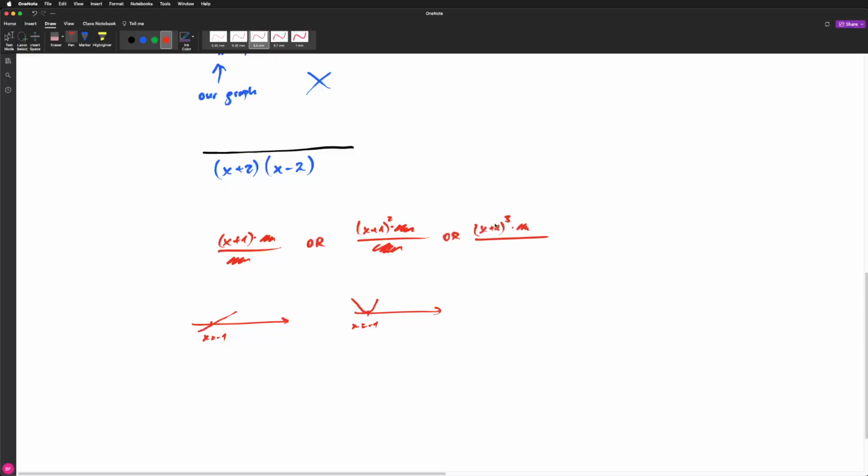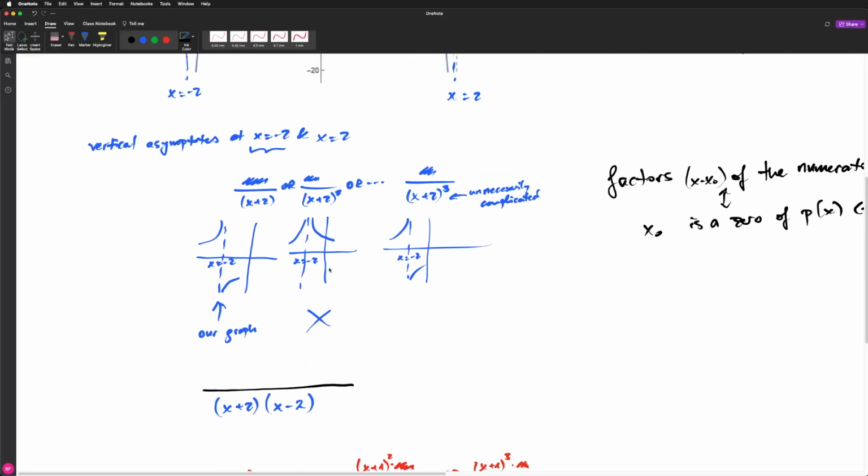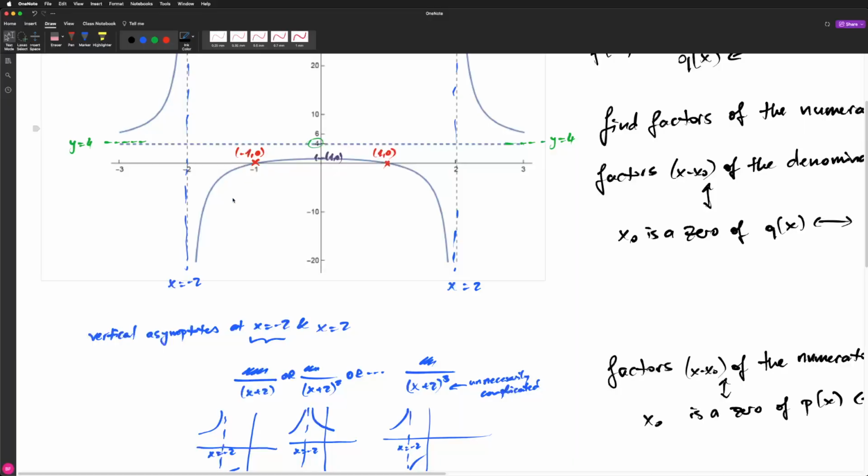And then from those candidates, I'll pick the one that looks like my graph. And here, when I look at it, it kind of goes straight, right? There is no curvature change.